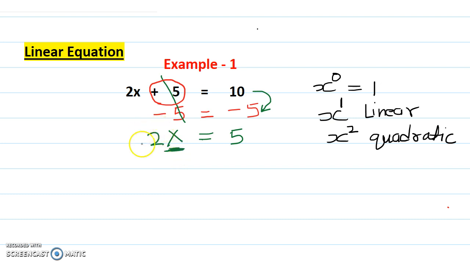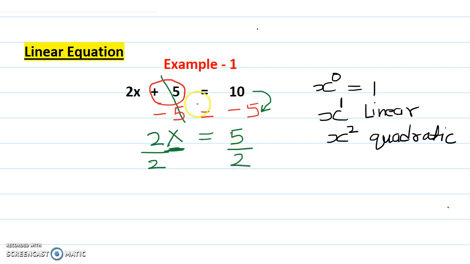So we need to get rid of this 2. How can we get rid of this 2? Yes, that's right. We can divide by 2 on both sides, so let's divide by 2. It is a division sign, and that is divide by 2 on both sides.